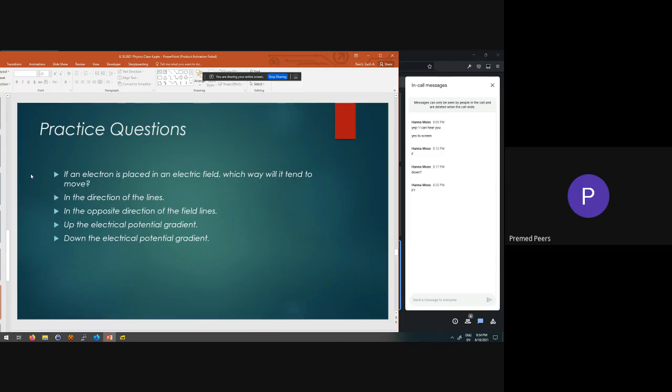So quick question with that. If I put an electron in a field, which way will it move? Is it going to move? Oh, sorry, there are multiple answers for this.